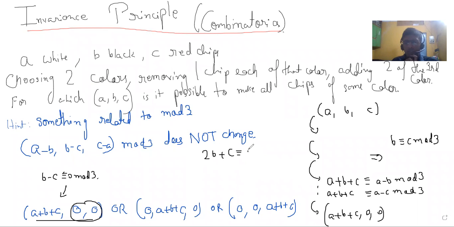So this is 0 modulo 3. But that's not useful, 3 times is not useful at all. I don't get anything.